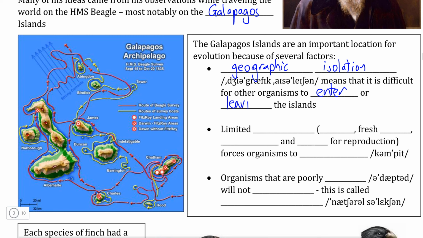This also makes it very difficult for organisms to leave the islands as well, which means that the populations of organisms are relatively cut off from the South American mainland.